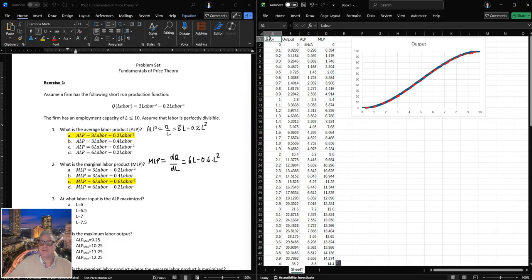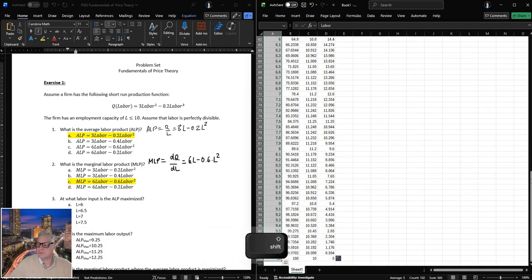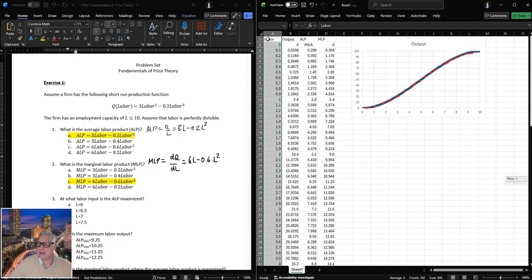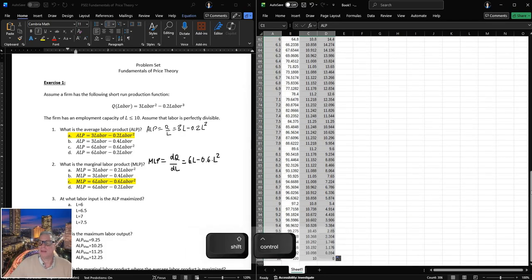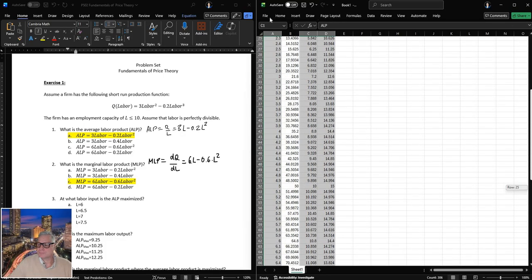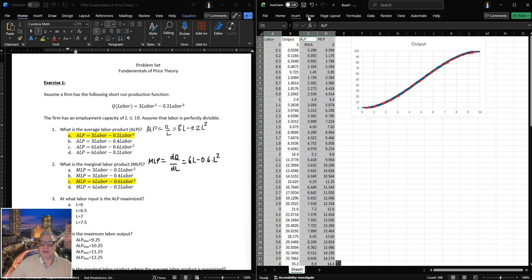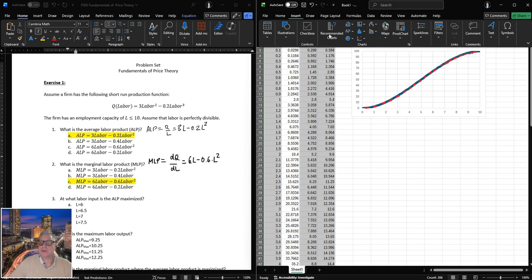Okay, so now let's draw the marginal and the average labor product. For this purpose, we first highlight the first column that will go to the x-axis. Press Shift, click with the mouse, ALP and MLP. And now let's take a look at the average labor product and the marginal labor product.